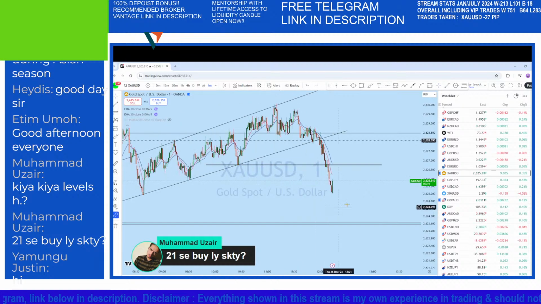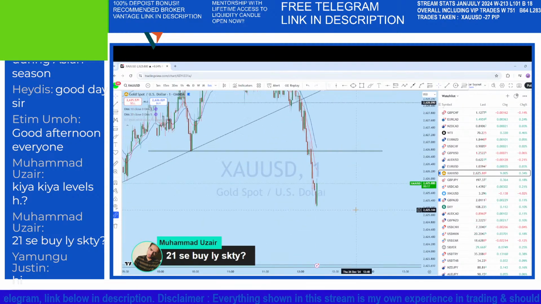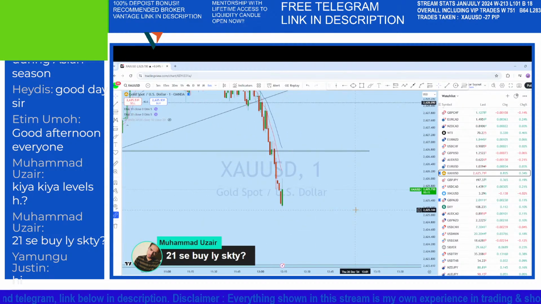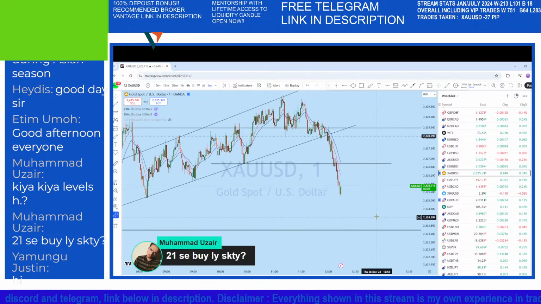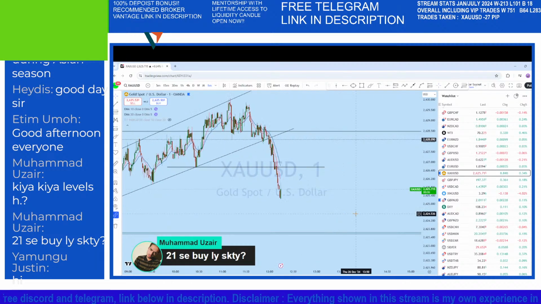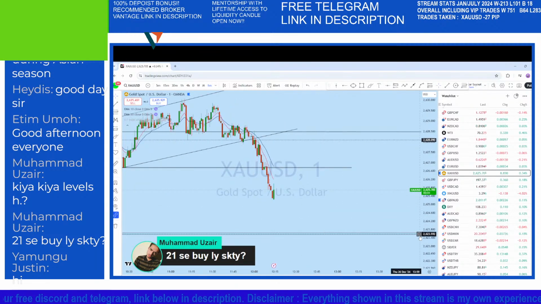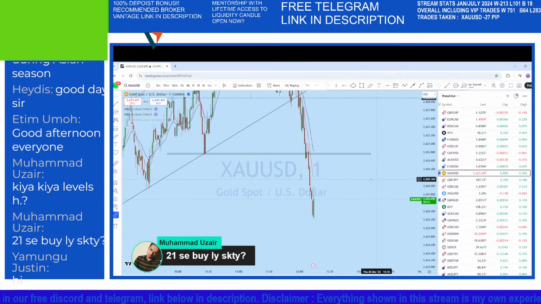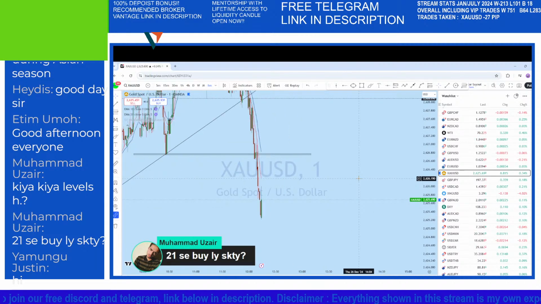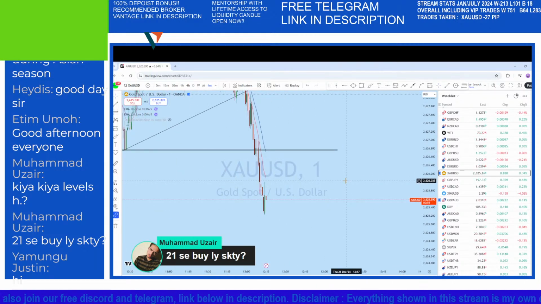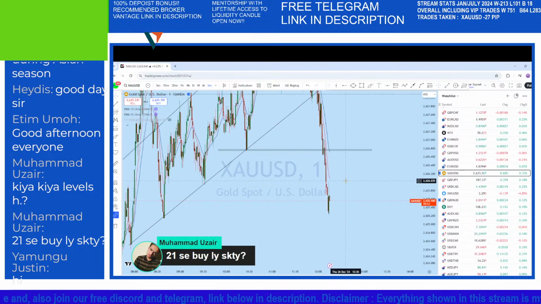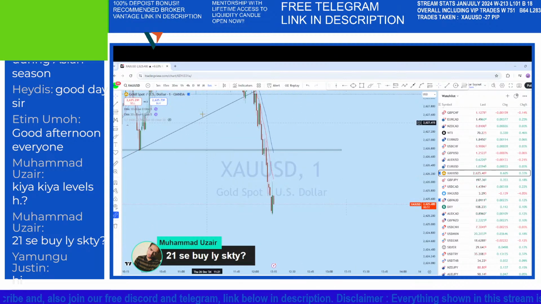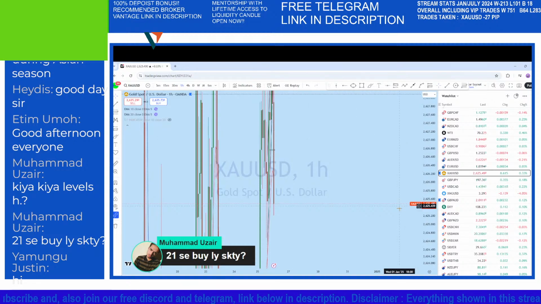So this is a bullish engulfer here in that area, and with that bullish engulfer, it dropped well below.